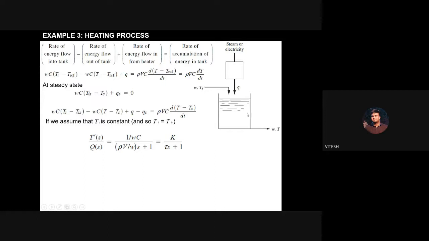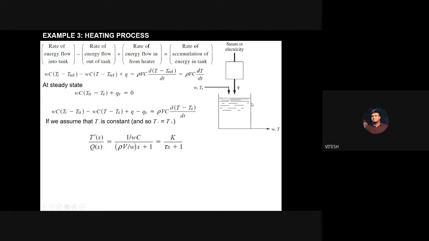Okay. Now the question is how we are going to model the system in this process. You can see here W is the flow of the liquor entering the tank, and at the same flow rate the product will leave. Ti is the inlet temperature of the fluid, where T is the outlet temperature of the fluid, right? Q amount of steam is added to this tank as per the requirement.